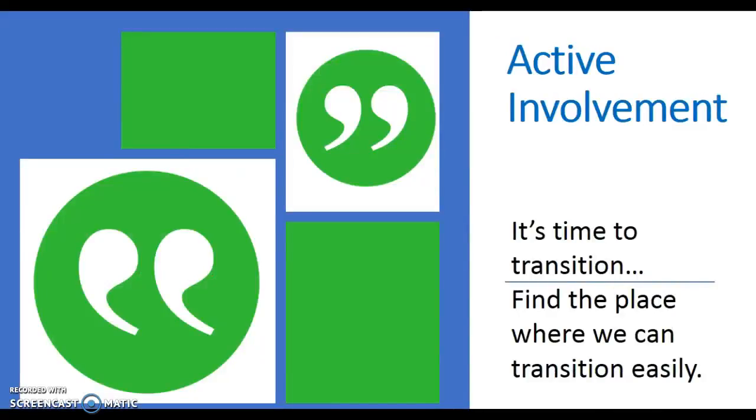So now what I want you to do is take a look at your text. Look at some places that you might consider adding some transitional words. Look at the beginning of your paragraphs. Look at when you are adding an example or talking about something. Is that a good place for you to add a transitional word?